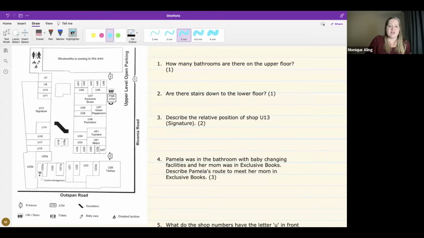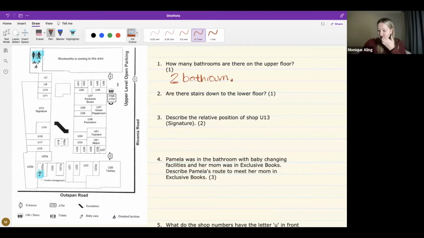Okay, so let's have a look. We can see the nice big one at the top here. That's 1. And it's really small and maybe hard to see, but there is a bathroom at the bottom. So there are 2 bathrooms. Be careful, this almost looks like a bathroom. It's similar, but that is not the symbol for the bathroom.